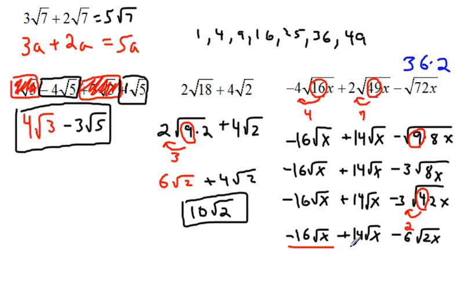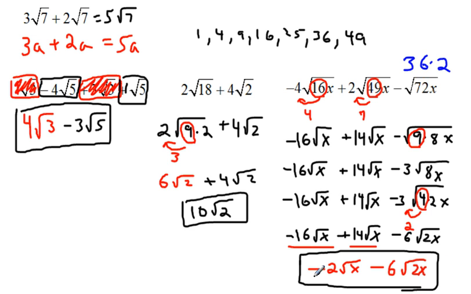Our negative 16 root x and our positive 14 root x. So we can put those together. Negative 16 plus 14 is negative 2 square root x minus, can't do anything here, it's just going to be 6 square root 2x. That is the answer. Craziest answer we've ever seen. But I don't see any matching square root signs, so the problem is done.